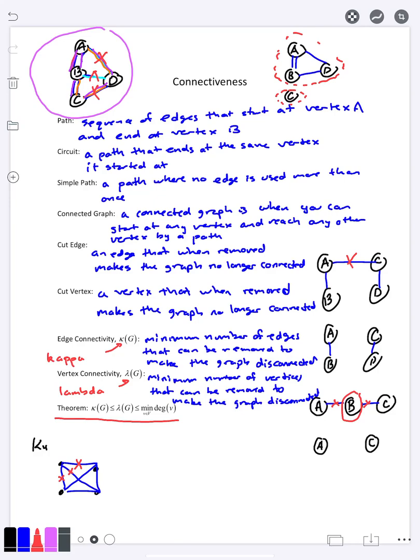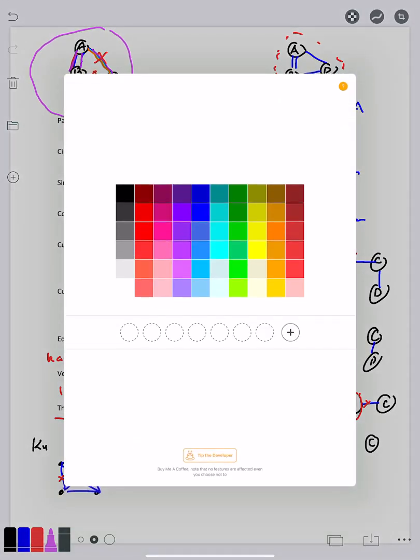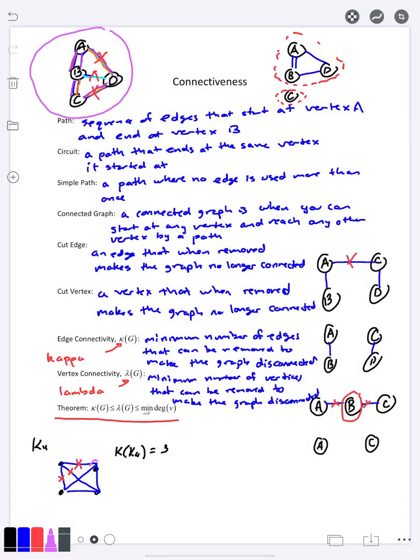So for this graph, we would have kappa to be 3. On the other hand, if I want to remove vertices, if I remove one vertex, and all the edges along with it, the other 3 are still connected.